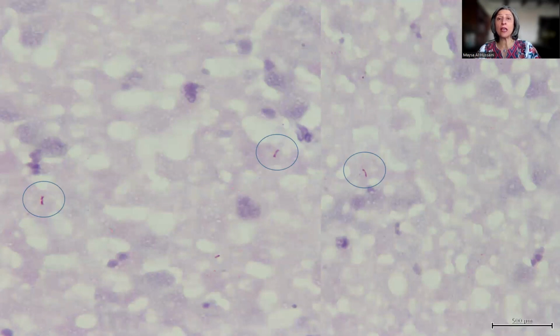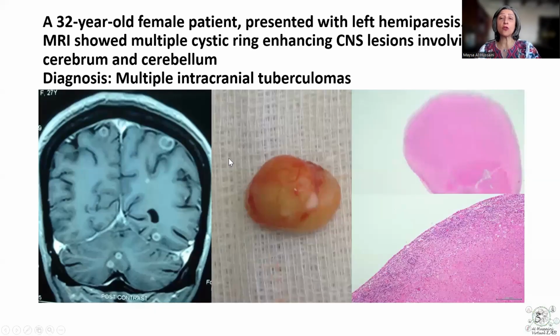She's not a known case of malignancy, and she does not have a rheumatological disorder, for example, that would impair immunity. So the final diagnosis of this case was multiple intracranial tuberculomas, a rare occurrence that we should be aware of, especially in areas where tuberculosis is more common, mostly in Asian and African countries.